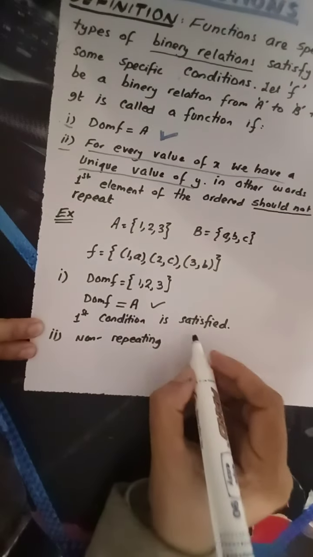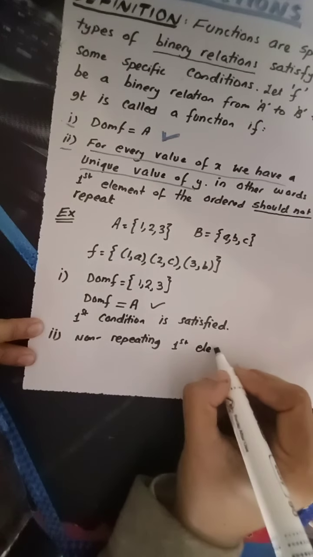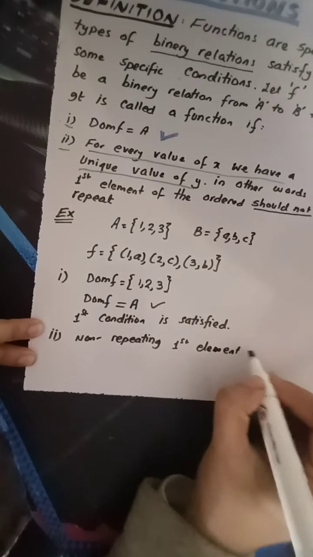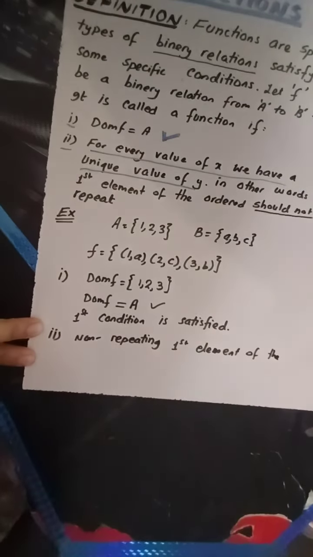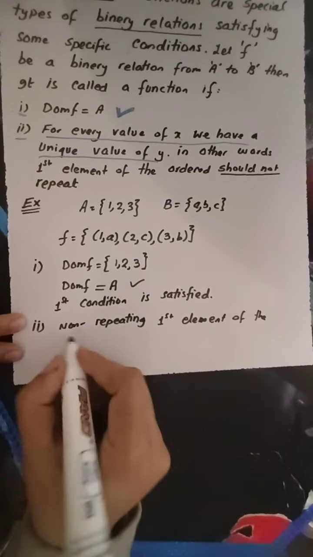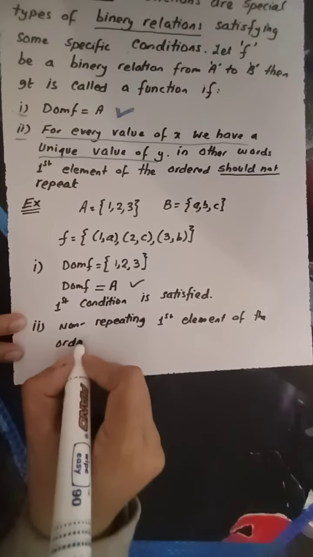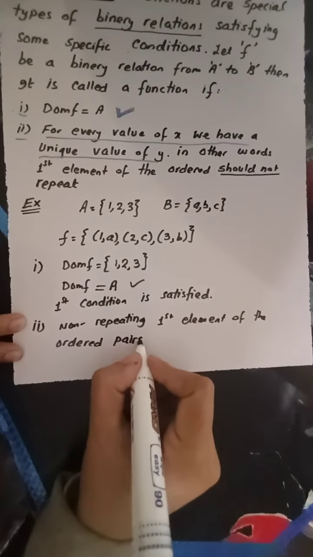So it means that you have non-repeating first elements of the ordered pairs.